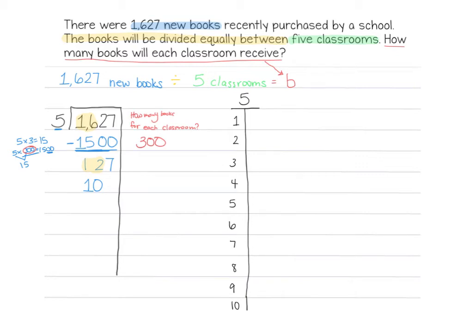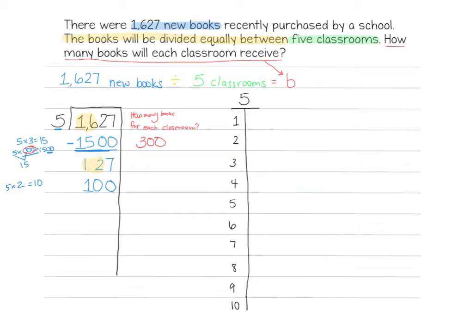Which 10 tens has a value of 100. So when we have 10, we know that 5 groups of 2 makes 10.